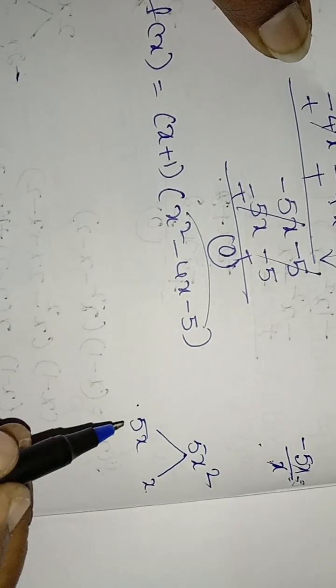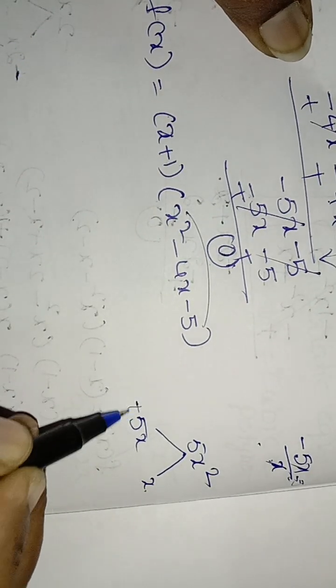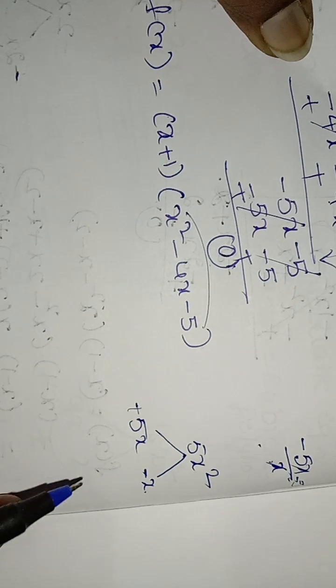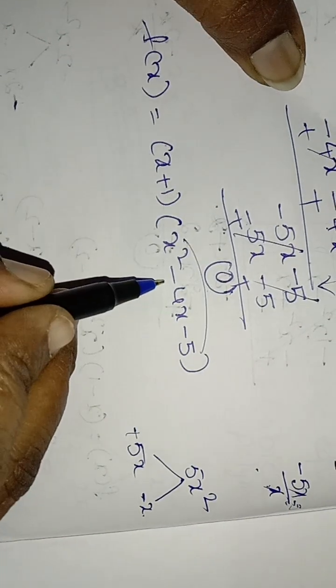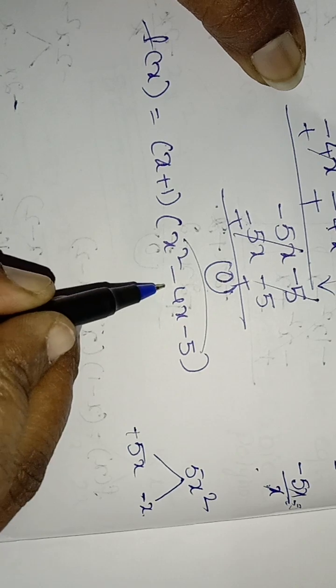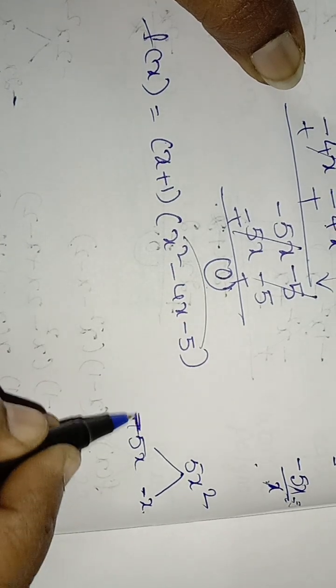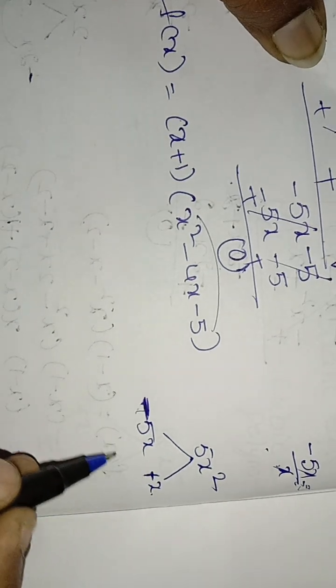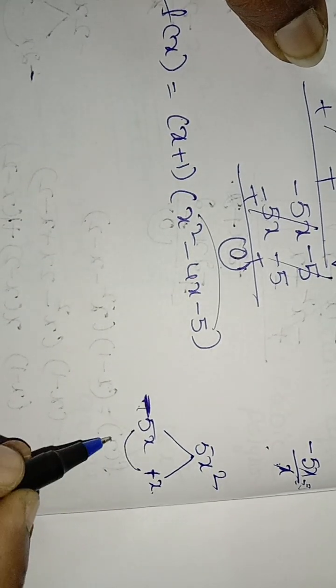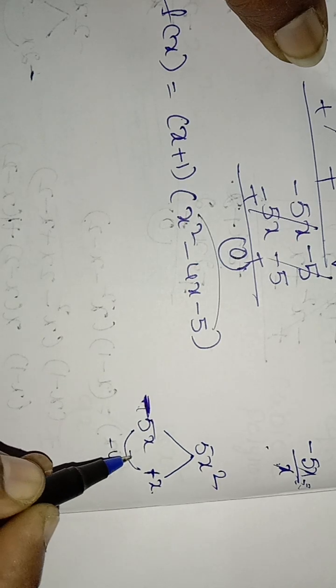Sign. If I keep here plus, if I add minus here, so after adding you will get here plus 4x, but we don't want plus 4x. Here we need minus 4x, means you have to change the signs. It should be 5x, it should be plus 4x, plus x. Then after adding, what you will get? Minus 4x you will get after addition.